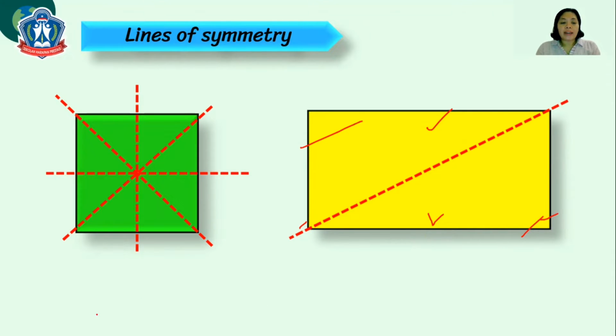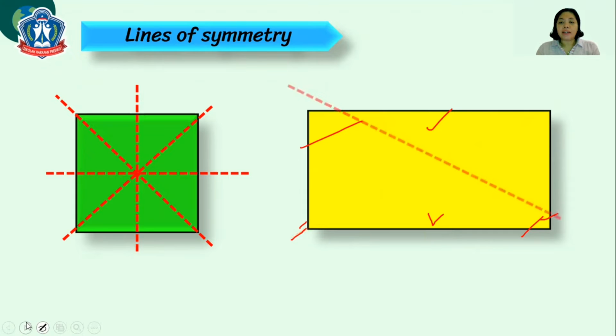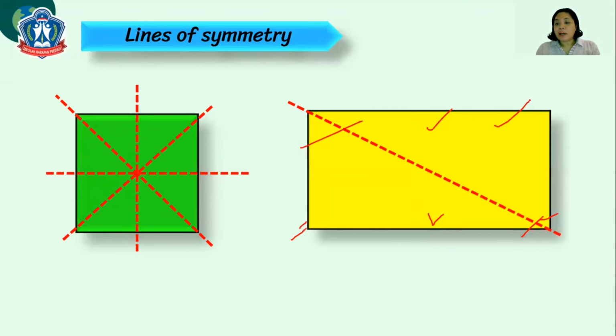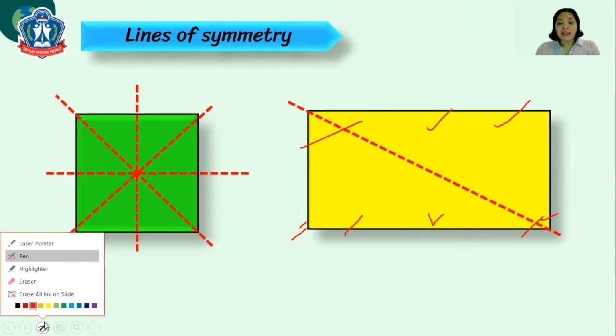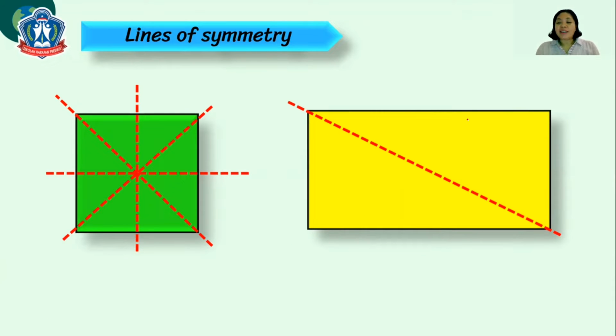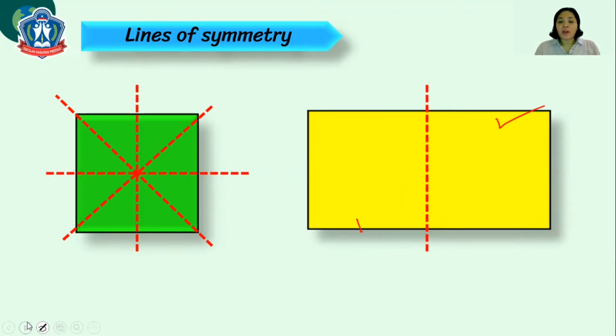So this is not a line of symmetry. How about the other way, diagonally? Is the upper part the mirror image of this one? No, it's not. They are not the same. So a rectangle, children, has only 2 lines of symmetry. We can only cut it vertically and horizontally. It's not like the square.